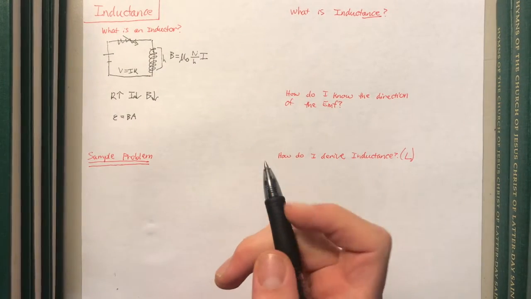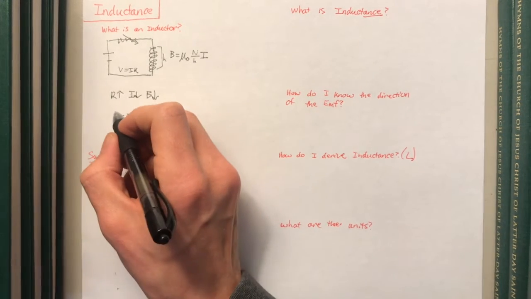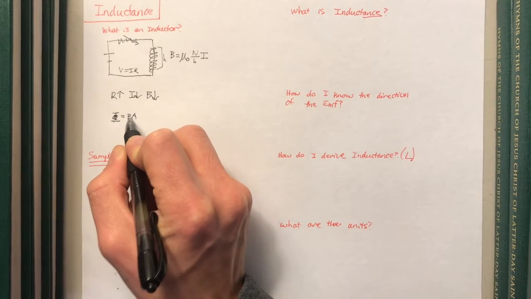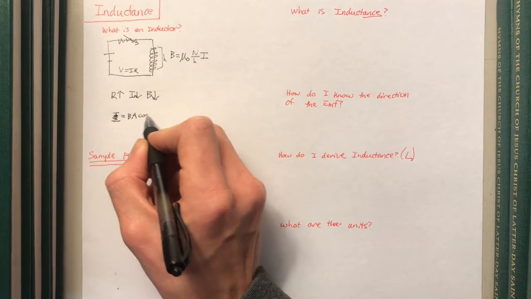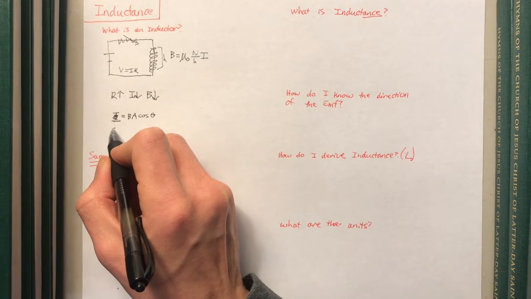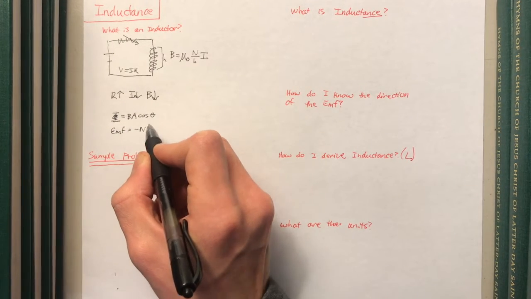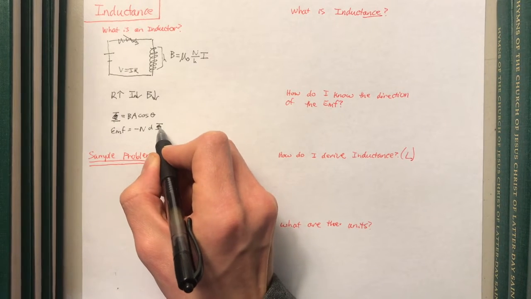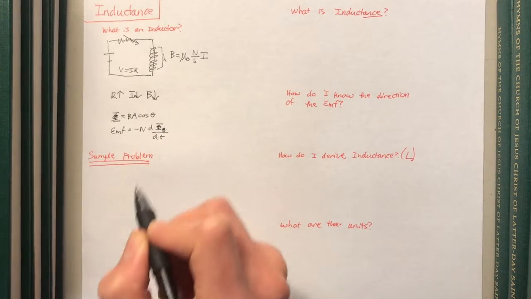To understand the next part, we need to go to Faraday's law. So a derivation of Faraday's law is that the magnetic flux is equal to the magnetic field multiplied by cross-sectional area times cosine theta. Faraday's law itself states that an EMF is equal to negative N, N being the number of turns, times the rate of change of magnetic flux over the rate of change in time.